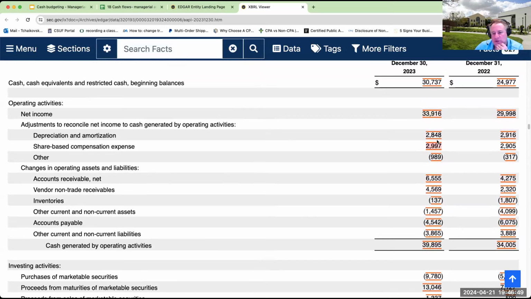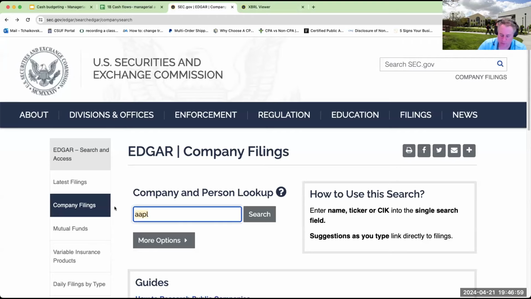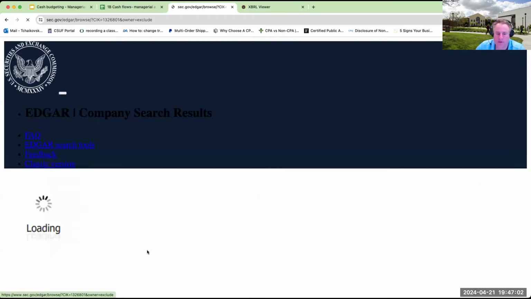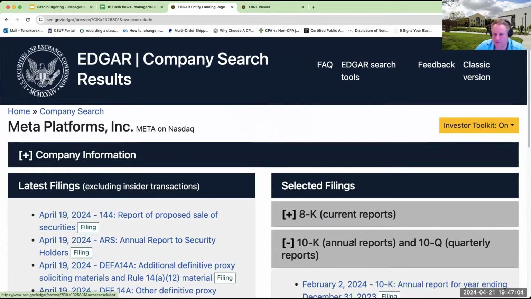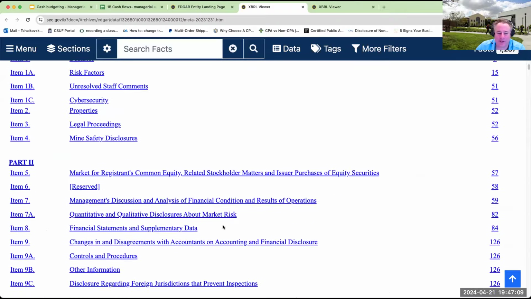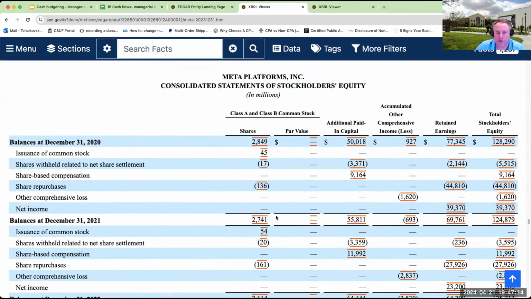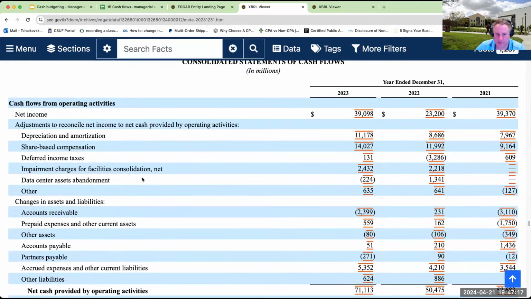And when you see it over here, like $3,000 for share-based compensation expense, it's not that big of a number. But if we go over and look at our friends at Meta Platforms, they're friends, Facebook friends. We come over here to financial statements, and we look at the statement of cash flows, and we see that, wow, net income was 40 billion and share-based compensation was 14 billion.